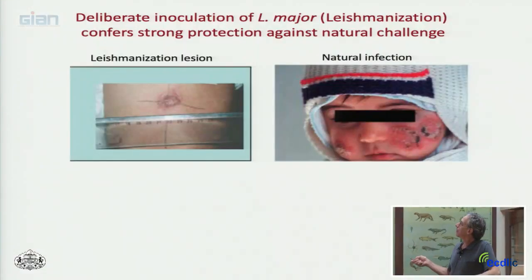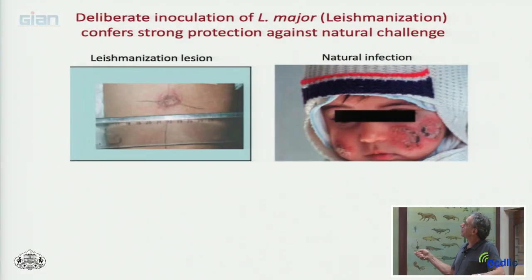So many labs have studied the nature of this immunity, particularly because it's the basis of the same kind of acquired resistance you see in people, and the basis for a procedure called Leishmanization that has been used for generations to protect people in these endemic regions against cutaneous leishmaniasis.